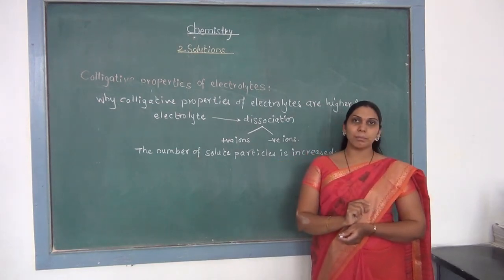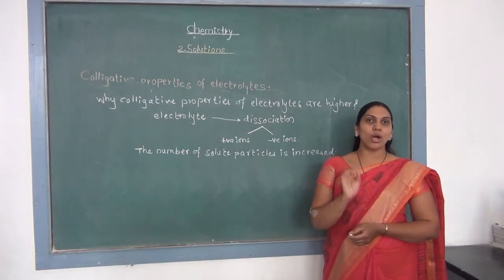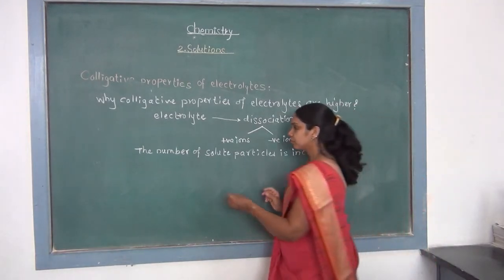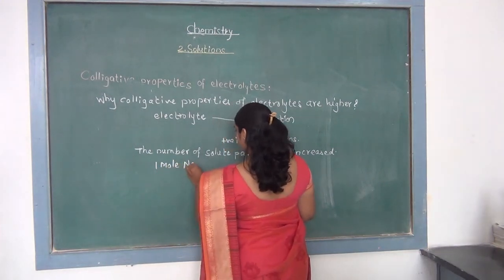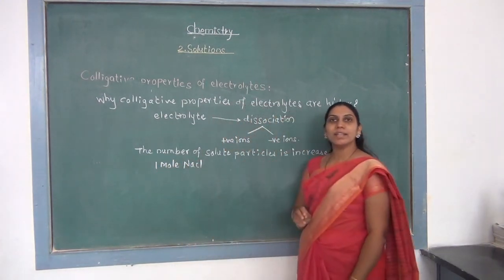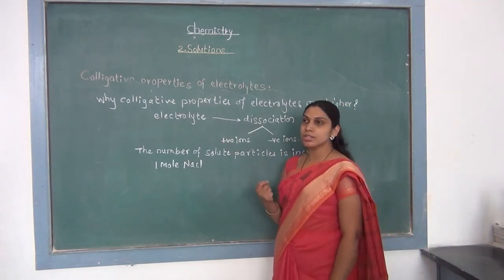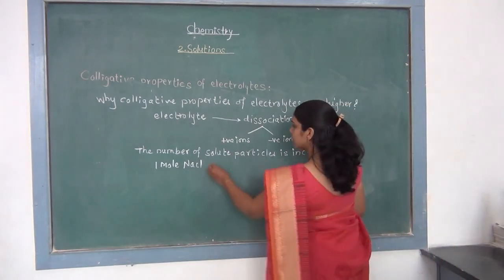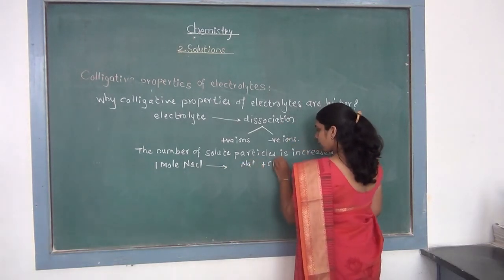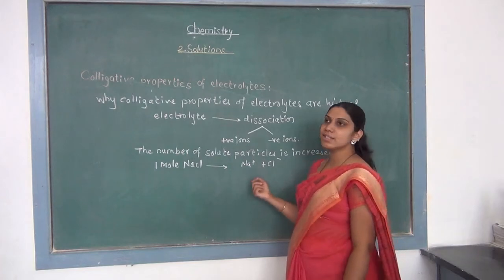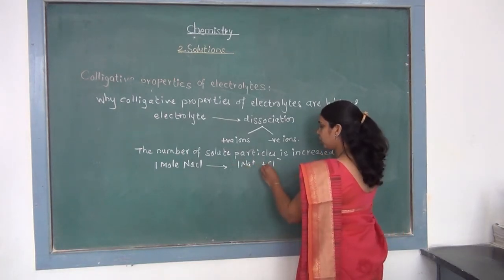We will take one example. Suppose we have dissolved 1 mole of NaCl. When this 1 mole of NaCl is dissolved in water, what happens? This NaCl undergoes dissociation to form Na plus ions and Cl minus ions. How many Na plus ions will be formed? 1 mole.